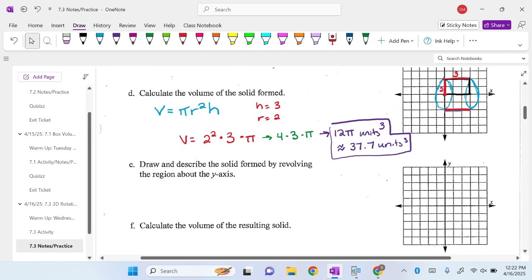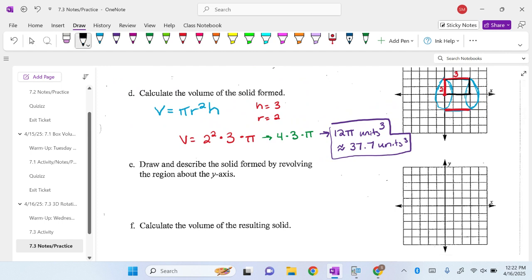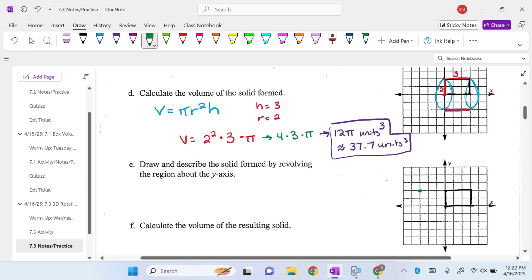All right. Now we're going to do the same thing, but instead of rotating over the x-axis, we're going to rotate this rectangle over the y-axis. So in other words, this part's getting reflected.